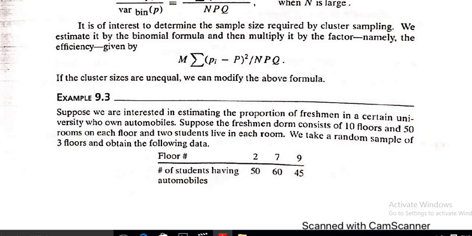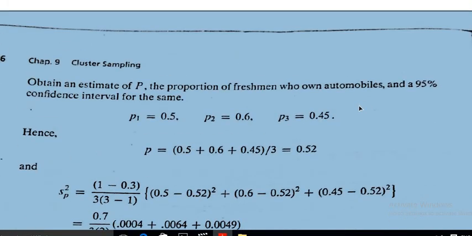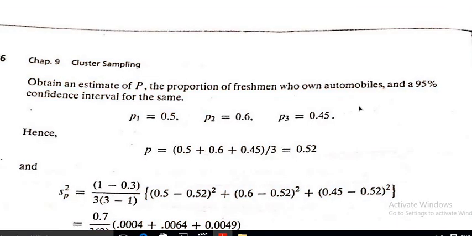The second floor has been selected, which has 50 students having automobiles. Similarly, the 7th and 9th floors have been selected as the sample, and the numbers of students having automobiles are 60 and 45 respectively. Now these are the proportions P1, P2, P3, divided by 3.